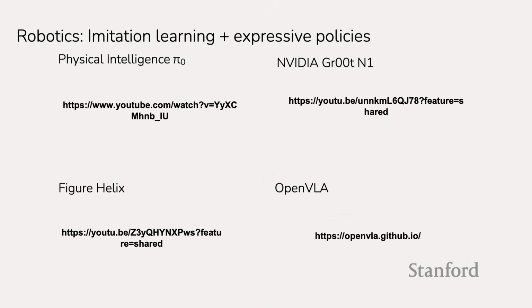In the case of the NVIDIA example, a lot of work went into trying to use data from simulation, especially because collecting data on humanoids is quite challenging, and trying to figure out how to leverage that simulation data. In the case of the Figure example, there were also some architectural design choices that made it helpful, especially in terms of running models at very high frequency.